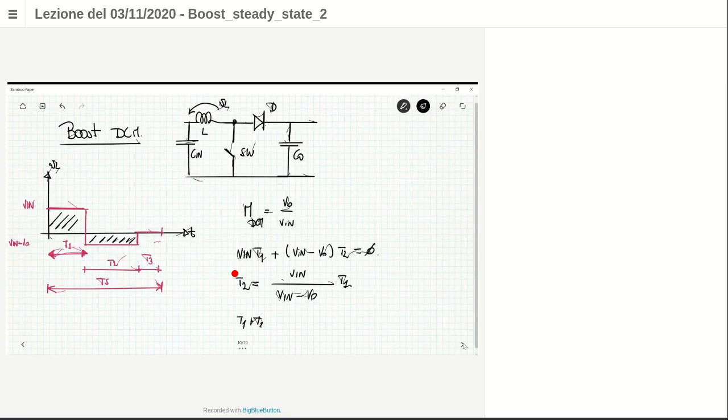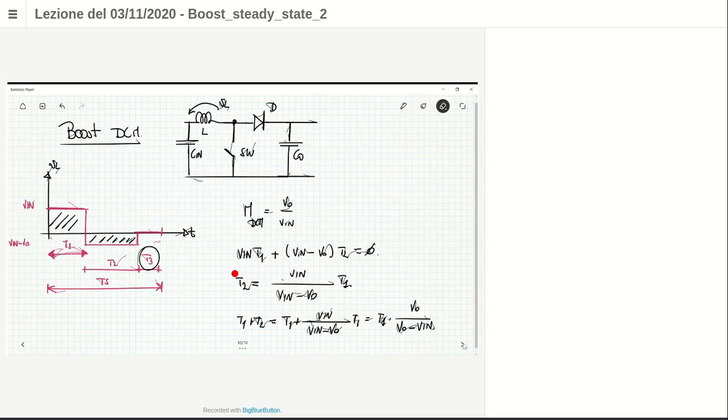Let me discuss T1 plus T2. T1 plus T2 is not TS, because now we have the time interval T3. So T1 plus T2 from this expression is T1 plus V in over (V in minus V naught), and to get this expression, T1 multiplied by V naught over (V naught minus V in).